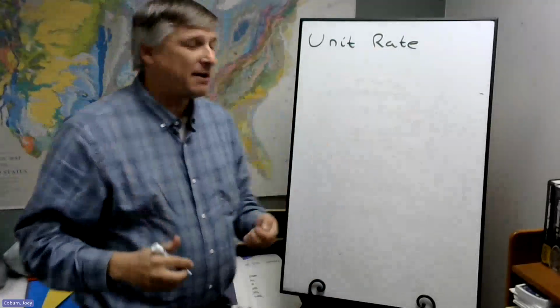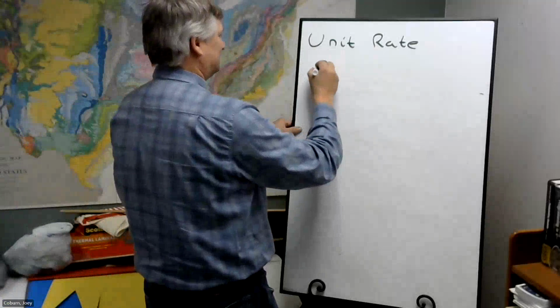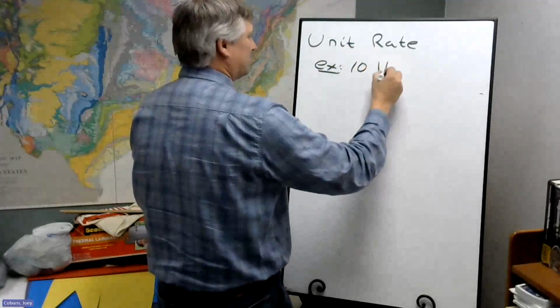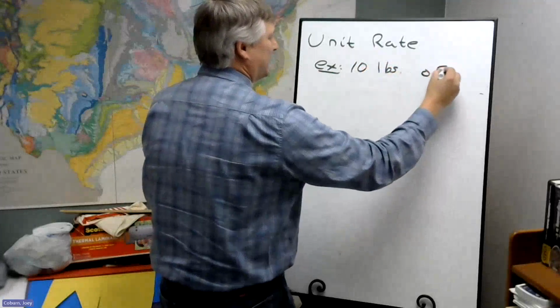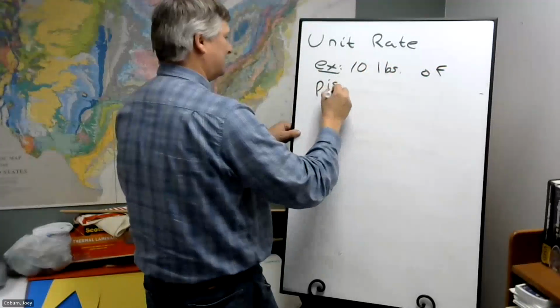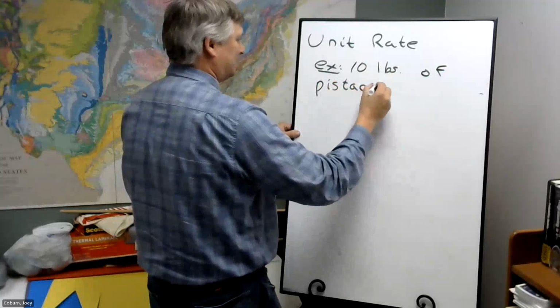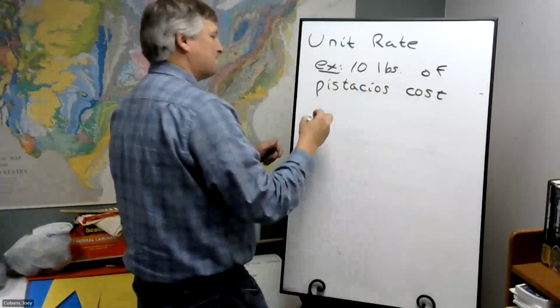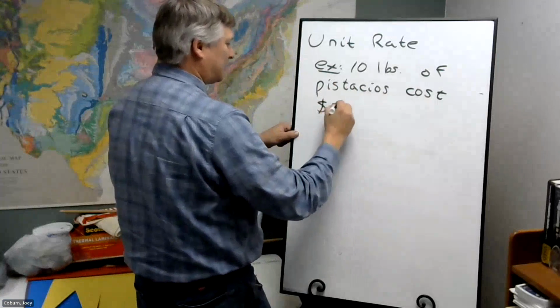So suppose you have this. Let's say 10 pounds of pistachios. Say $30.